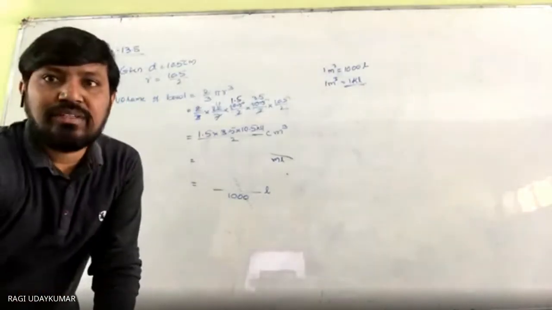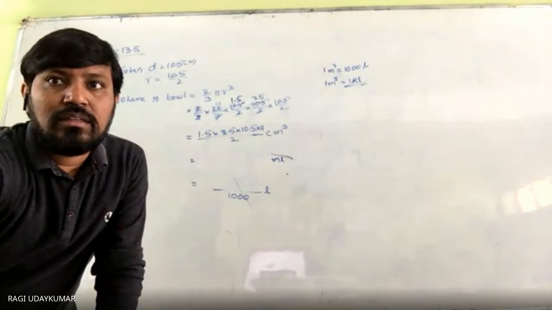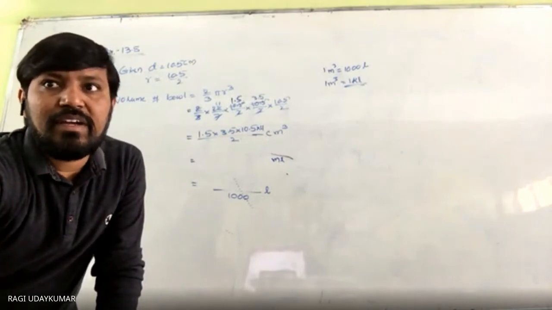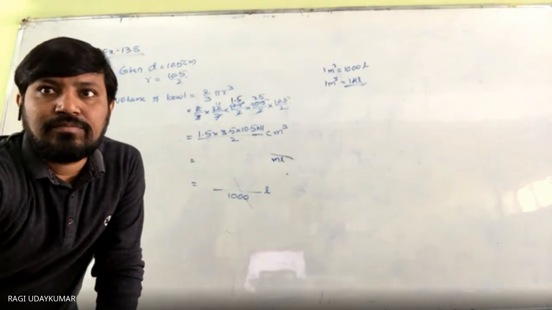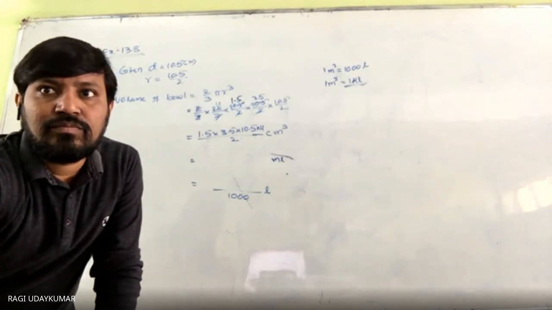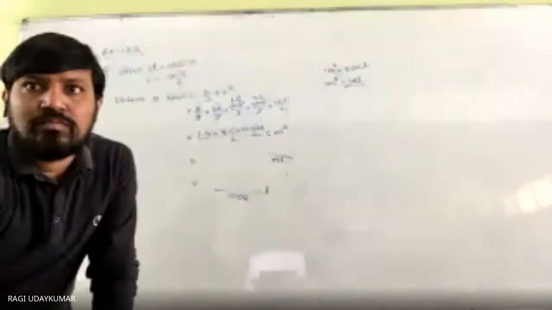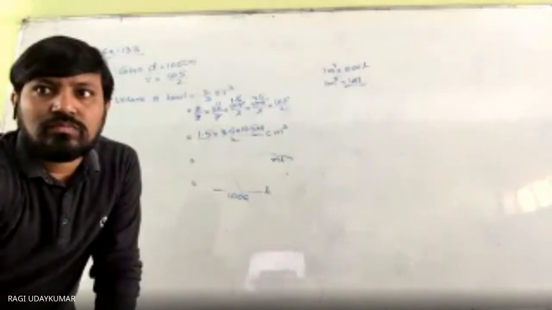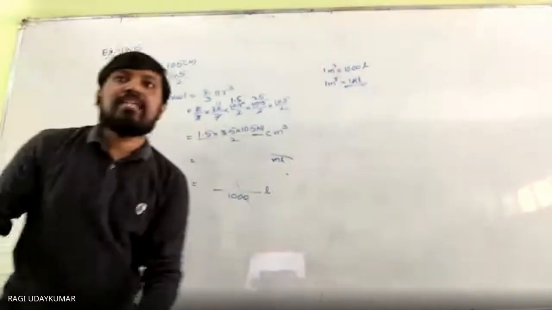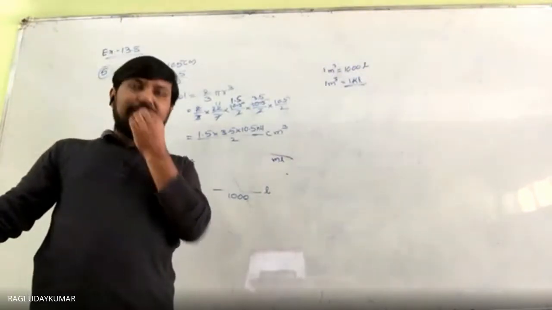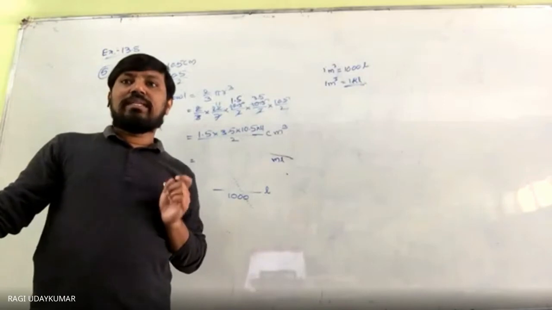Okay, next, sixth question. A hemispherical tank is made up of an iron sheet of 1 centimeter thickness.